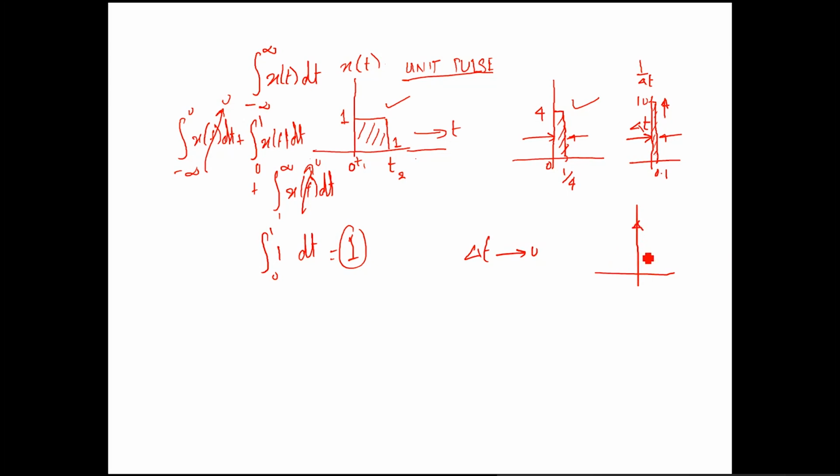We cannot represent infinity, that's why we just put an arrowhead right here. And in this case, where we have a pulse whose duration is 0, we don't call it a pulse, we call it an impulse. The very English meaning of impulse is sudden. So this is an impulse, and the duration of this impulse is 0. The magnitude of this impulse is infinity.